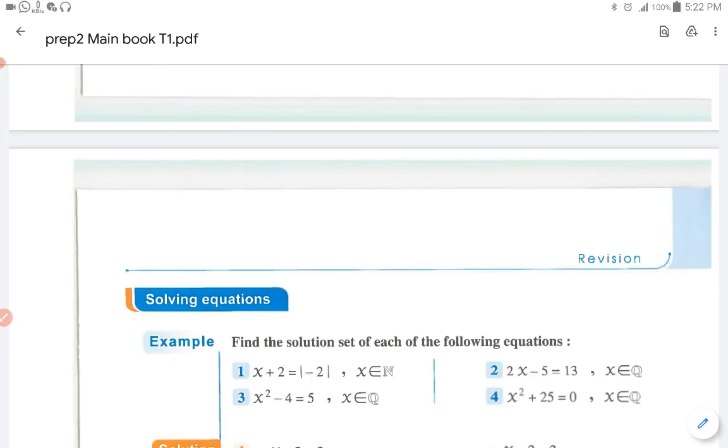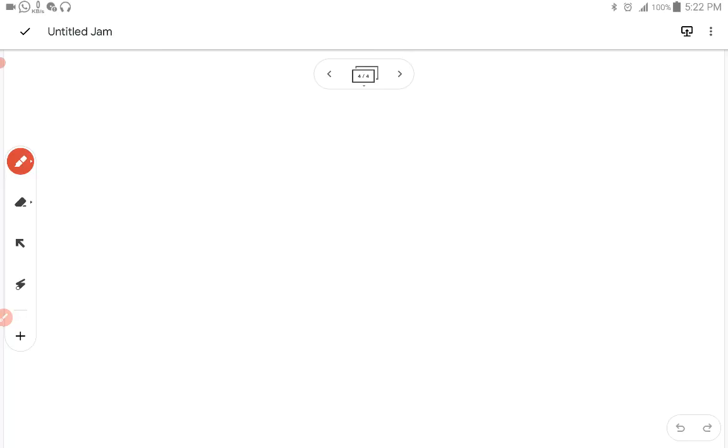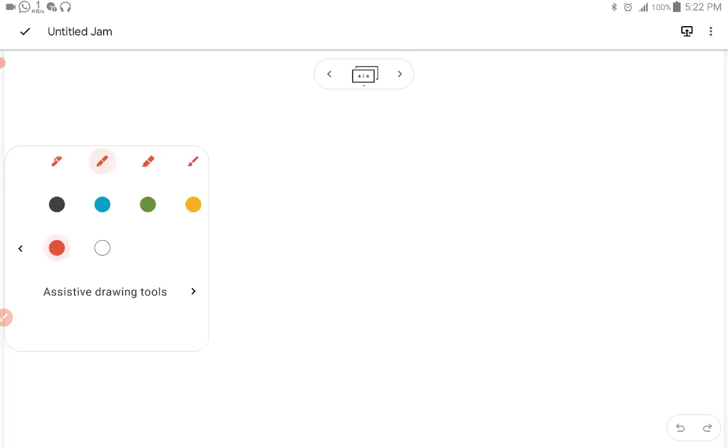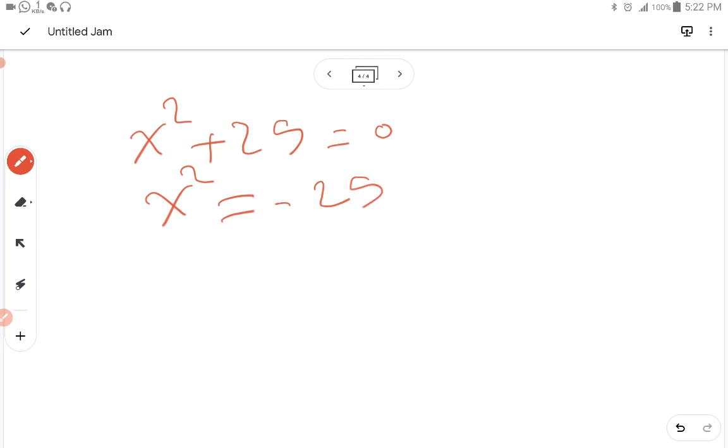The last question we have: x square plus 25 equals 0 and x also belongs to Q. Go to the board. x square plus 25 equals 0. x square equals negative 25. x equals positive or negative square root of negative 25.